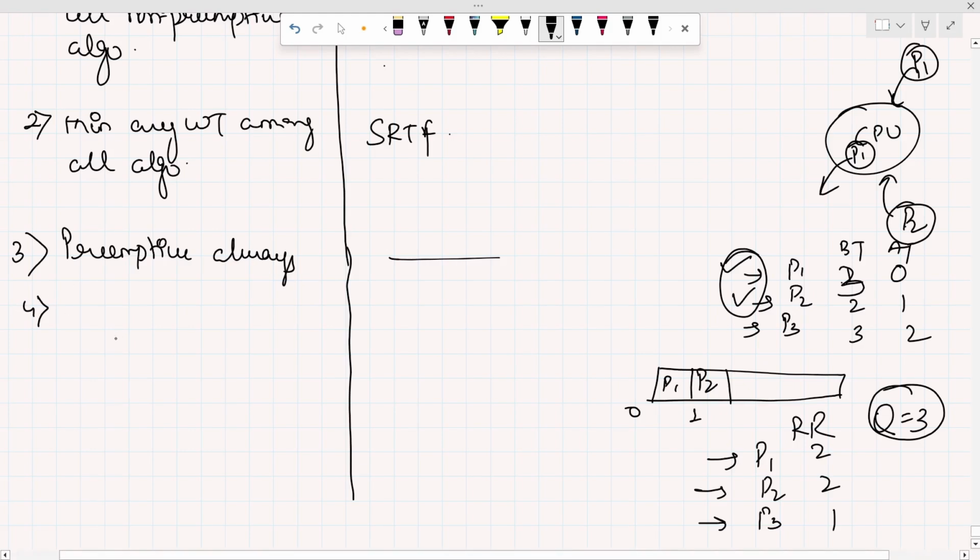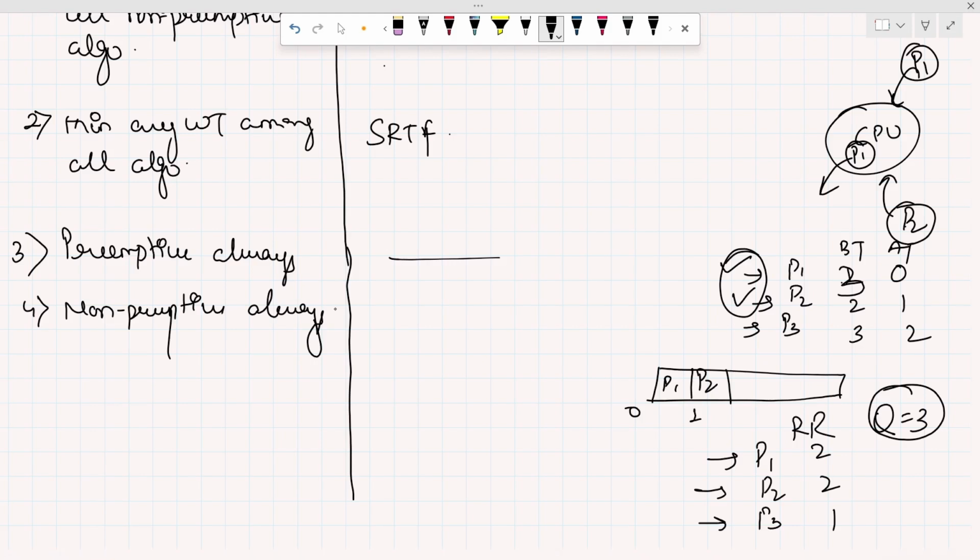Now the next point is non-preemptive always. Is there a scheduling algorithm which is non-preemptive always? If you say no, then you have to think once more. Why? Because FCFS never becomes a preemptive algorithm. So any non-preemptive algorithm, FCFS, HRRN, SJF, will always be a non-preemptive algorithm.